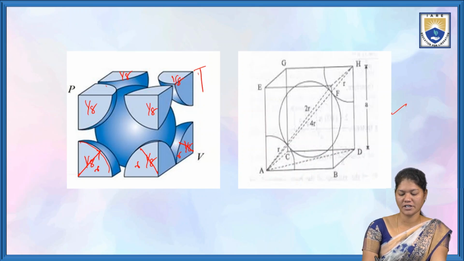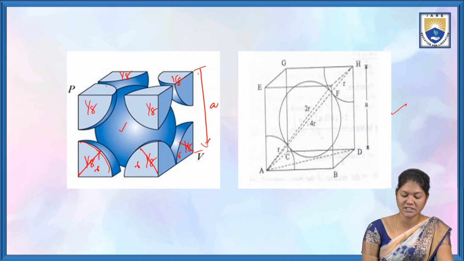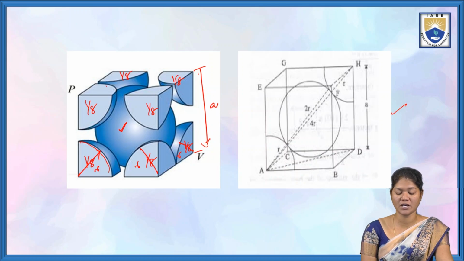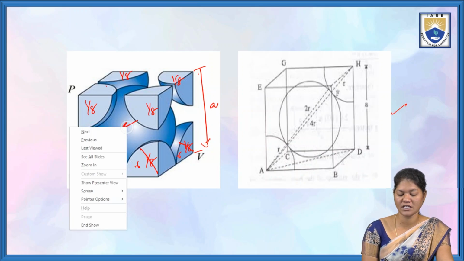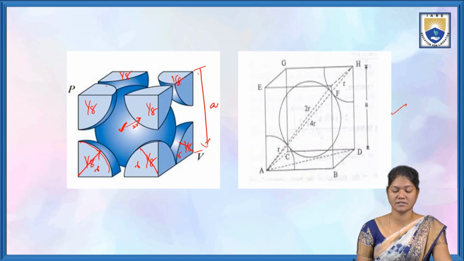Already I told you that from here to here the edge length is a. So we are considering this atom, the center atom, and from the center atom the nearest atom is at 2r distance.